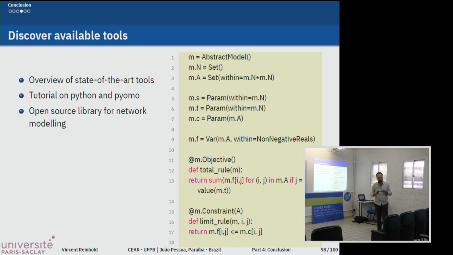I introduced the older software, GAMS, AMPL, Gurobi, etc. We had a focus on Pyomo and Python because it's quite a new language, which is used a lot in electrical engineering and in data analysis in general.